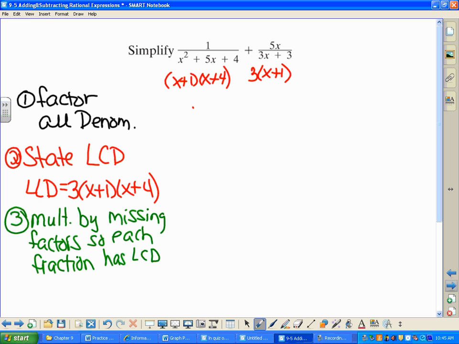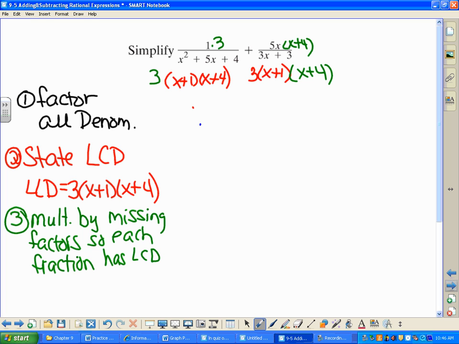It's missing what factor? Who can tell me? Good, John. 3. Multiply top and bottom by 3. Second fraction is missing what factor? Sarah. All right, multiply numerator and denominator by x plus 4. Okay, does anybody have any questions on what I've done so far? You got it? Okay.